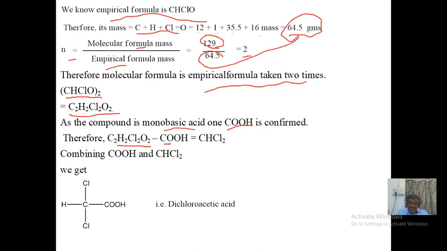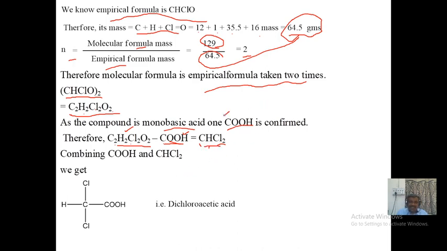Now I will subtract COOH. So 2 carbons were there, 1 carbon is subtracted, so only 1 carbon is left. 2 hydrogens were there in the molecular formula, I will subtract 1, so I am left with 1 hydrogen. 2 chlorines were there, both the chlorines remain as they are after subtraction. 2 oxygens were subtracted, so no oxygen is left, so I am left with CHCl2.